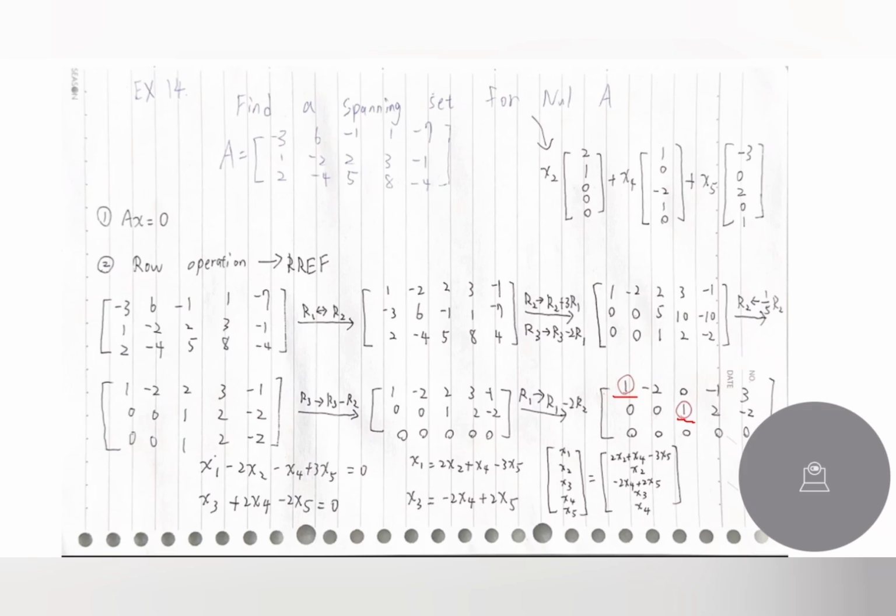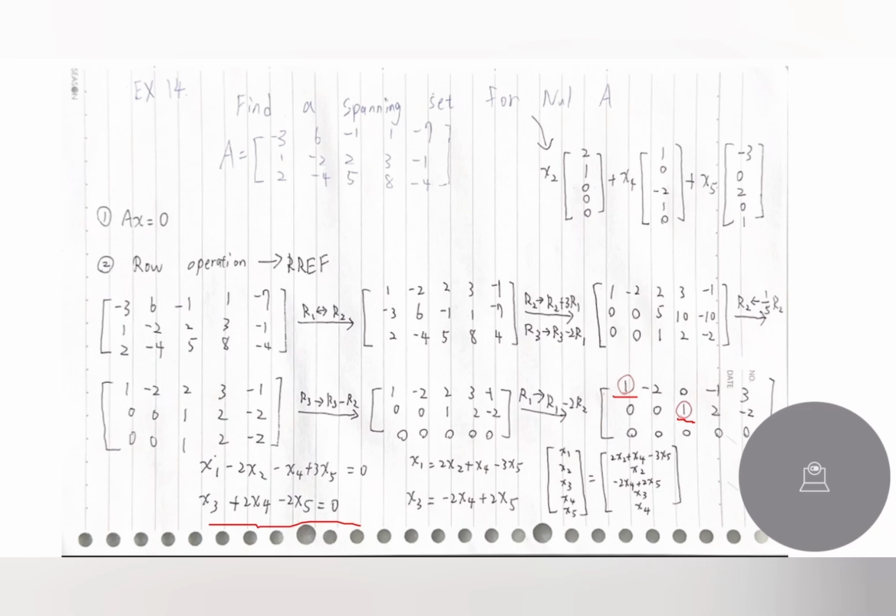So we can translate the reduced row echelon form back into a system of equations. The first one is x1 minus 2x2 minus x4 plus 3x5 equals 0, and the second one is x3 plus 2x4 minus 2x5 equals 0.